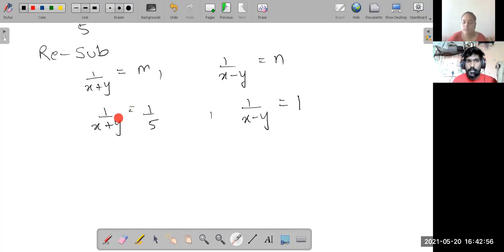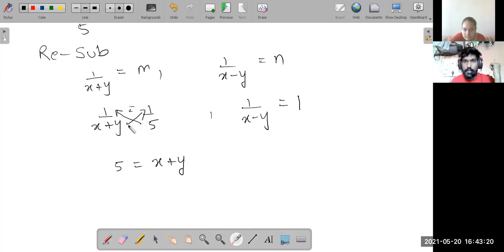So you do cross multiplication. When you do cross multiplication, 1 into 5 is 5, and 1 into x plus y is x plus y itself. And one very important point to note, that when there is an equal to sign and you do cross multiplication, you do not multiply the denominators.